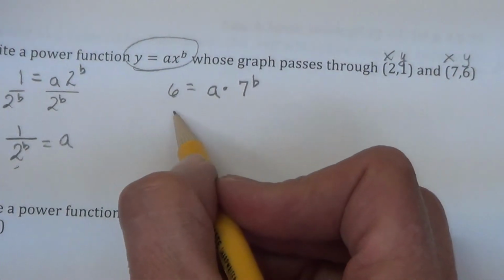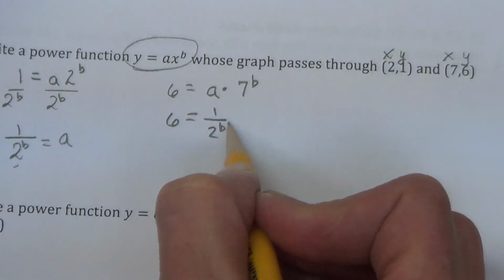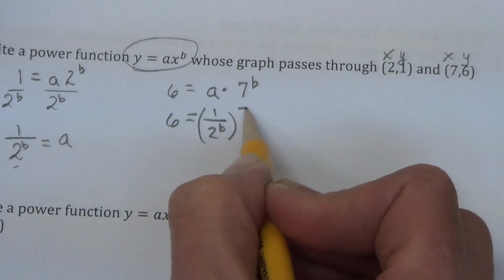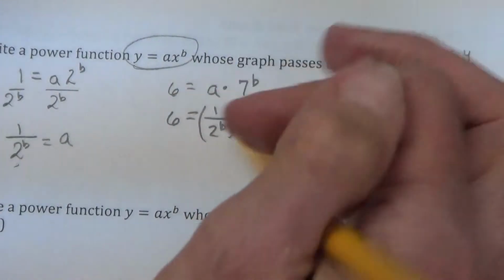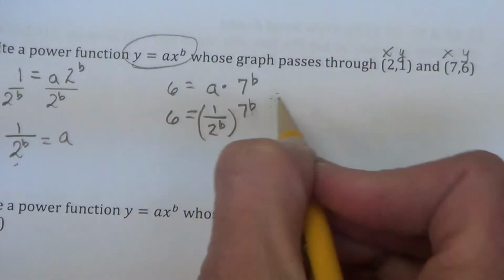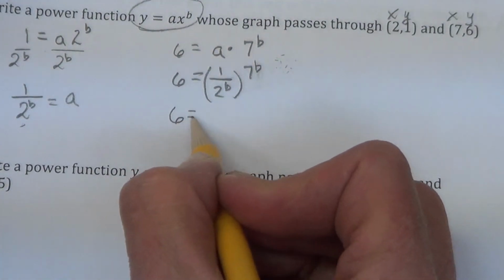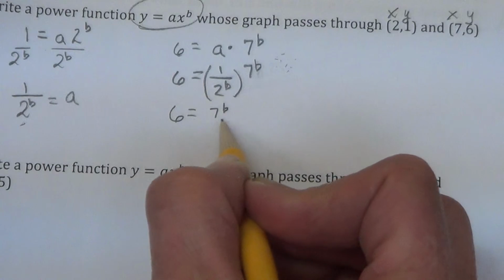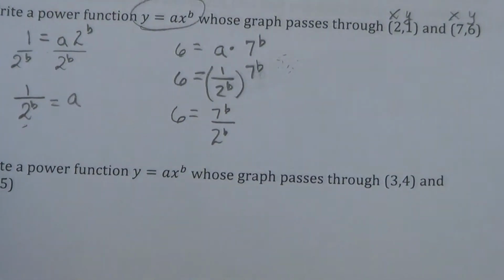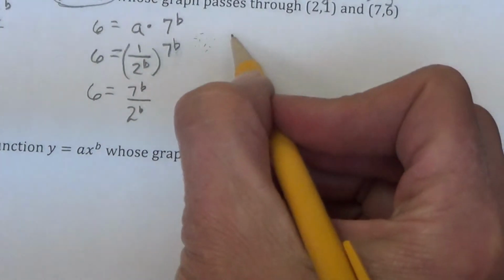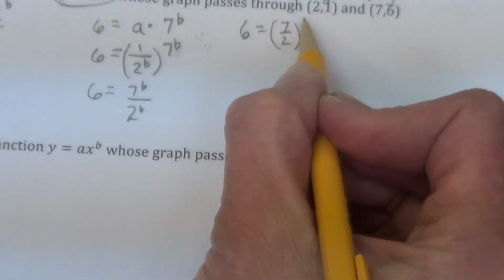So we have 1 over 2^B that we plug in there for the A. Condense that down so it's 7 to the B over 2 to the B. This is the same thing as 7 over 2 raised to the B power.